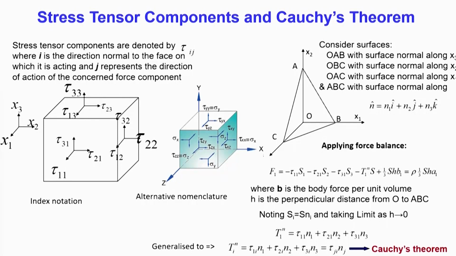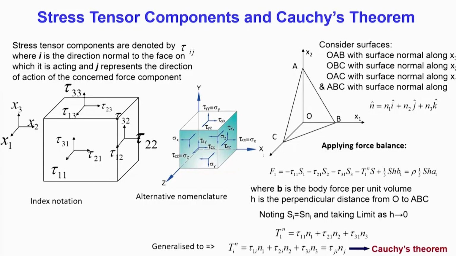So, you have surface force and body force, and the sum total of this, as per Newton's second law, is mass into acceleration. Mass is density times that volume times acceleration along A1. Now, you can write S1, S2, S3 in terms of S. You can imagine AOC is the projection of ABC on the x2 x3 plane.